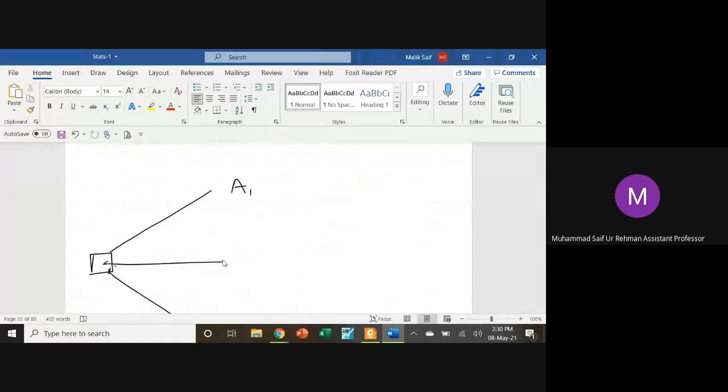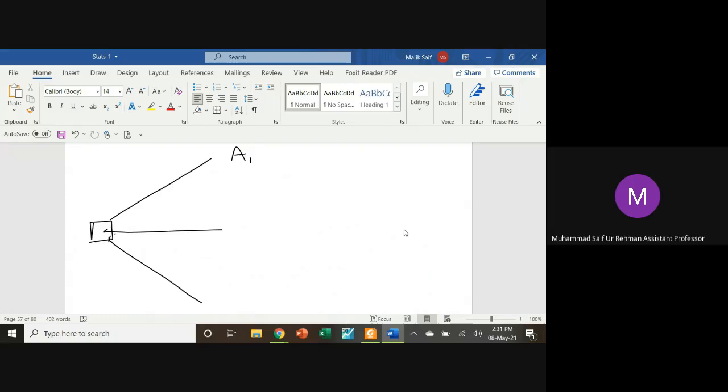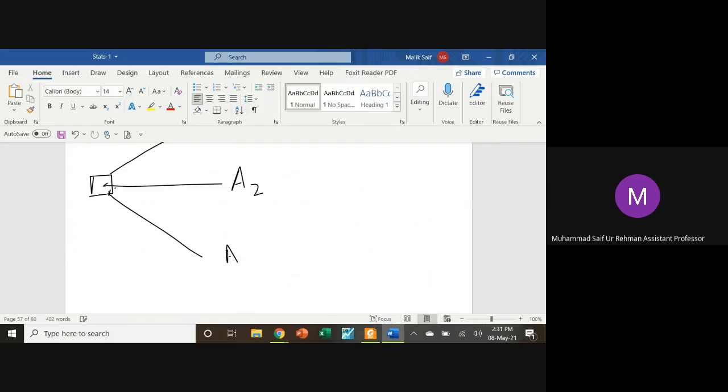But it is better to write A1, A2, and A3 if you are answering manually in your answer booklet. In that case, you must define the events first. Otherwise, the examiner will be unable to know what A1 is. So it is up to you how you handle the question.